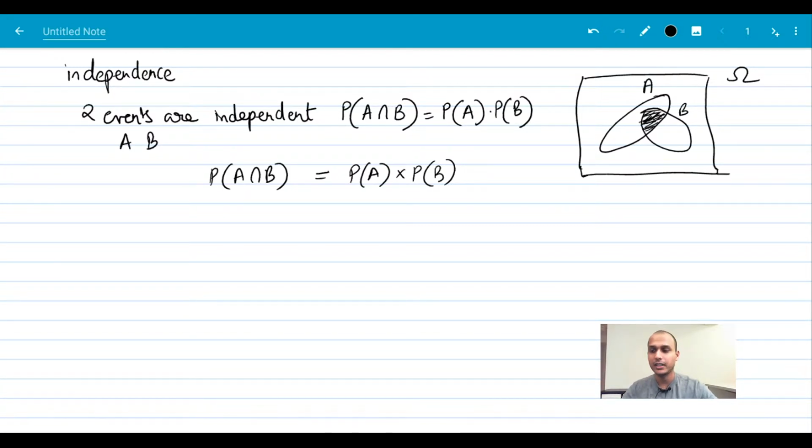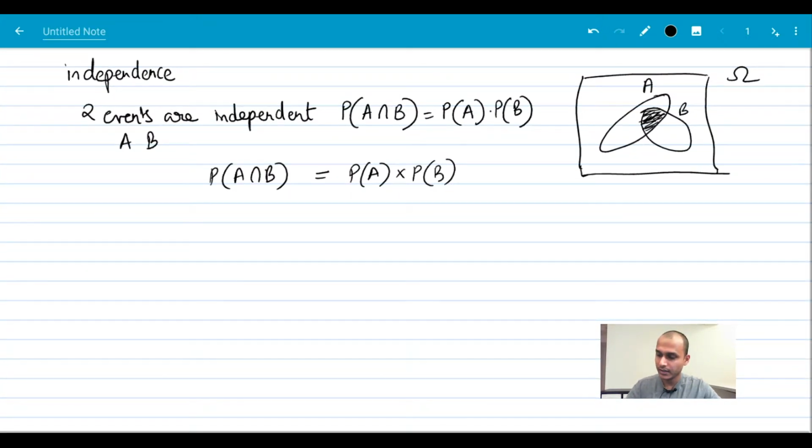Okay, so what does it mean in terms of interpretation? Remember from the definition of conditional probability that this was equal to probability of A times probability of B given A, or we can also write probability of B times probability of A given B. So let's pick this version.